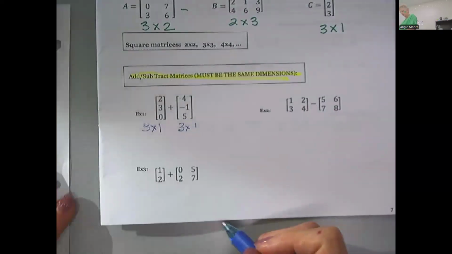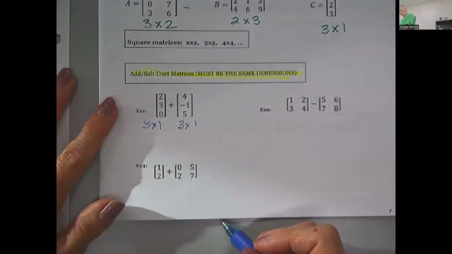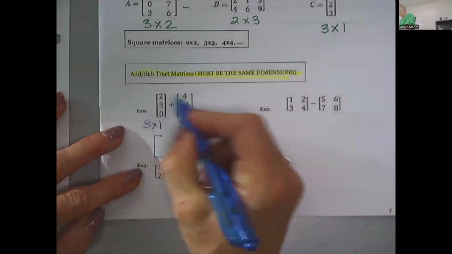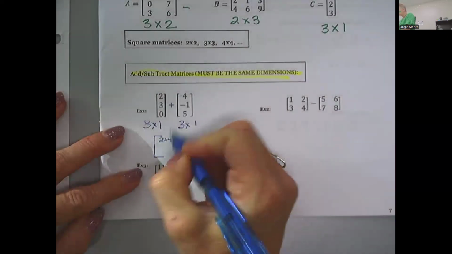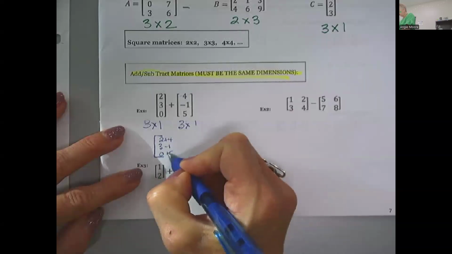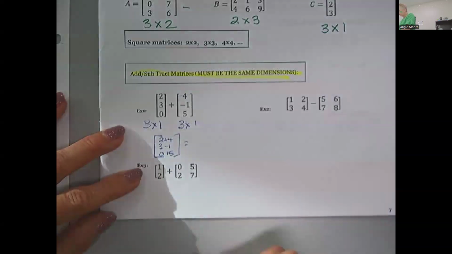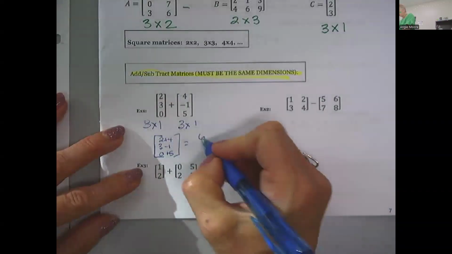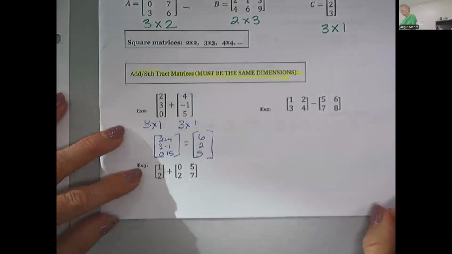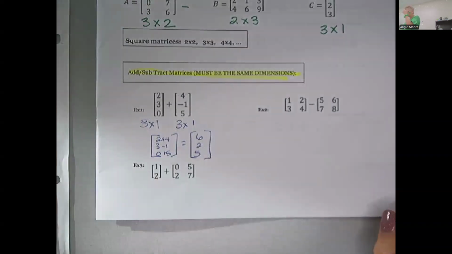Yes, they have the same dimension. So all you're going to do is actually add, and I will write this out one time only. We will go 2 plus 4, 3 minus 1, and 0 plus 5. Boom. So once you add those, you get 6, 2, 5.